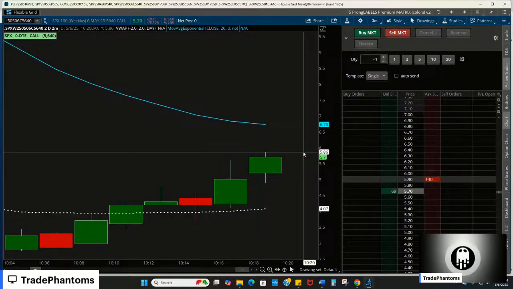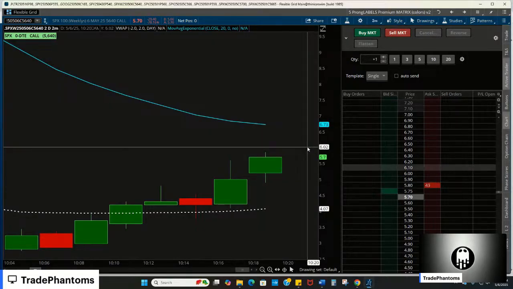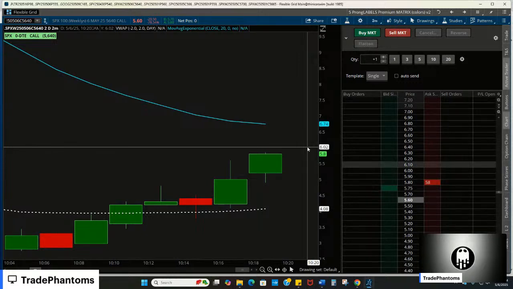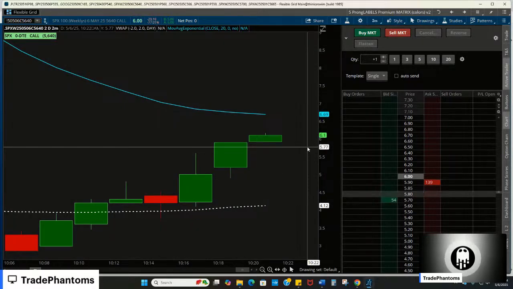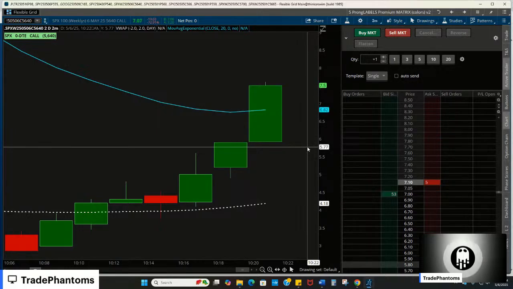All right, we should be able to punch up to the 6 handle on these premiums. Here we go. Let's take some more profit on these SPX calls. Sevens. Hit it.